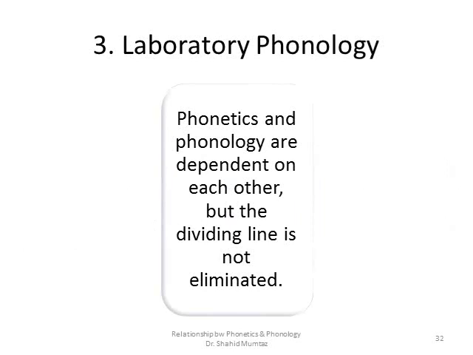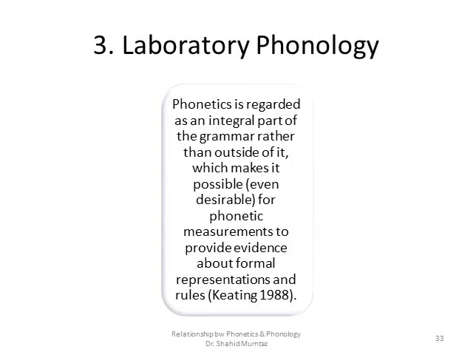In other words, phonetics and phonology are dependent on each other, but the dividing line between phonology and phonetics is not eliminated. It's also important to note that within most of laboratory phonology, phonetics is regarded as an integral part of the grammar rather than outside of it, which makes it possible, even desirable, for phonetic measurement to provide evidence about formal representations and rules.